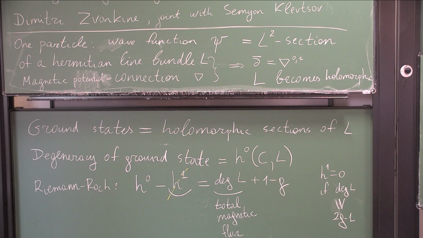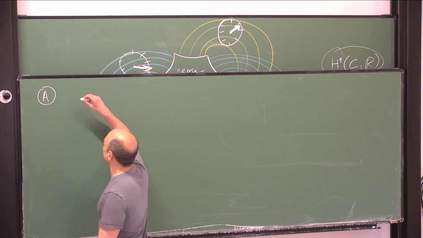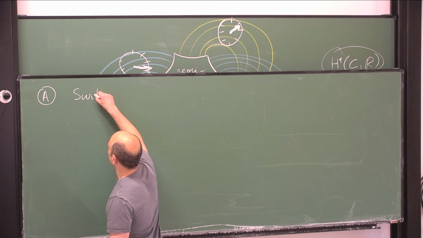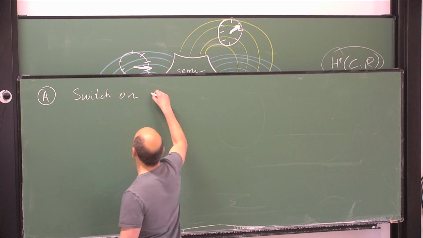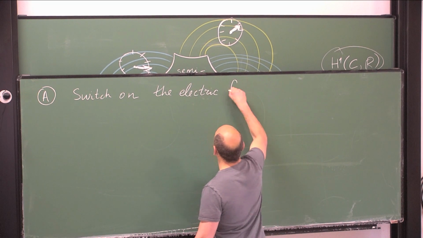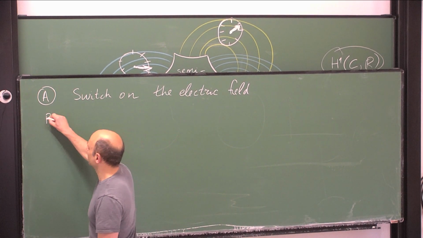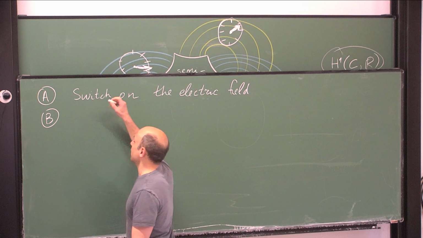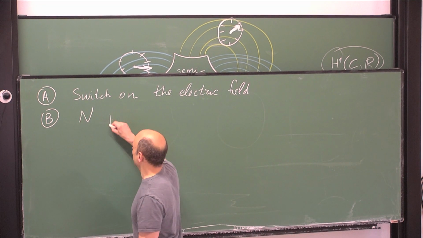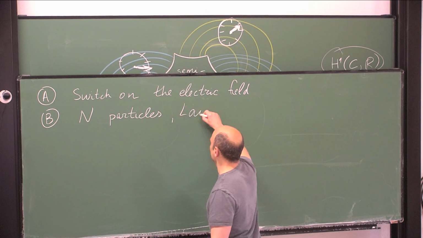Okay, so now the point of this talk is actually to enhance this formula in 3 ways. First, we need to switch on the electric field. Second, we will go from 1 particle to n particles, and so Laughlin states.